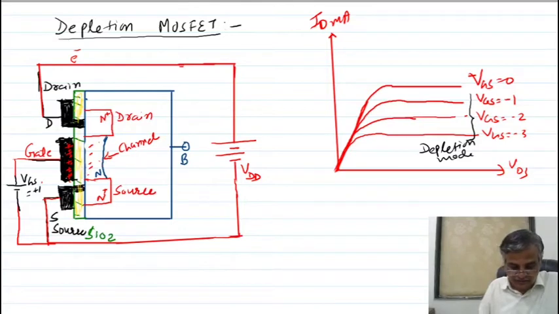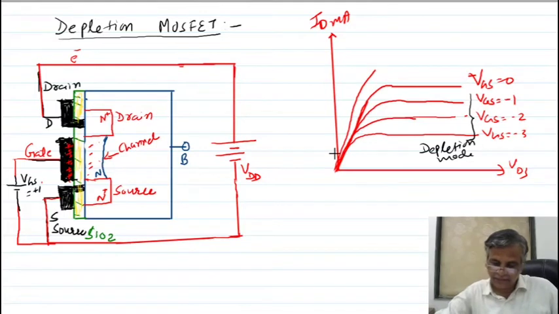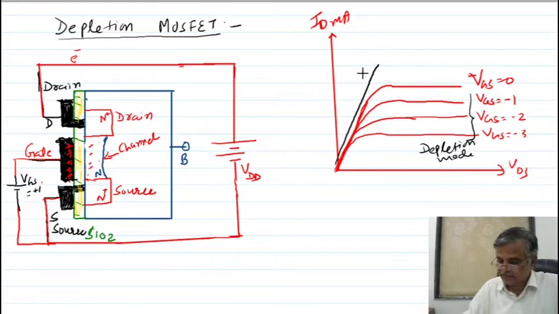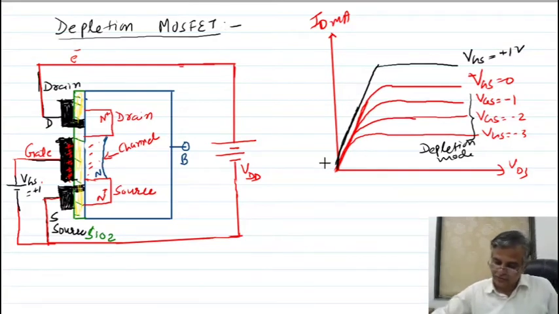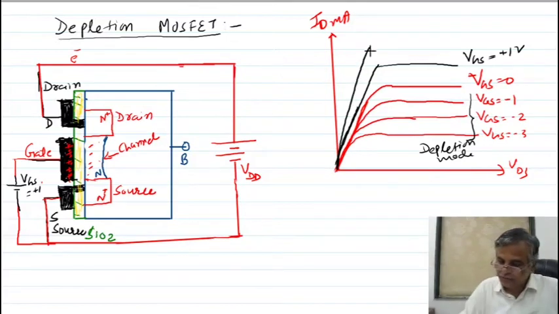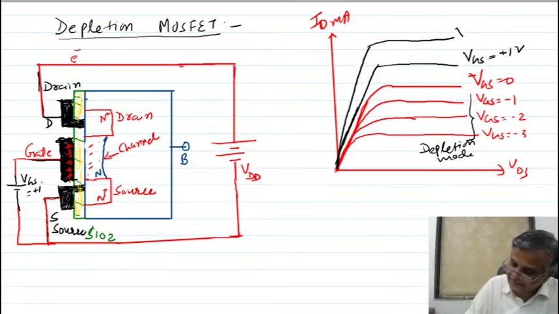As a result, when you increase this voltage, current increases, and with VGS equal to plus 1 volt you will get a graph like this. This is your graph. For VGS equal to plus 2, you will get one like this.